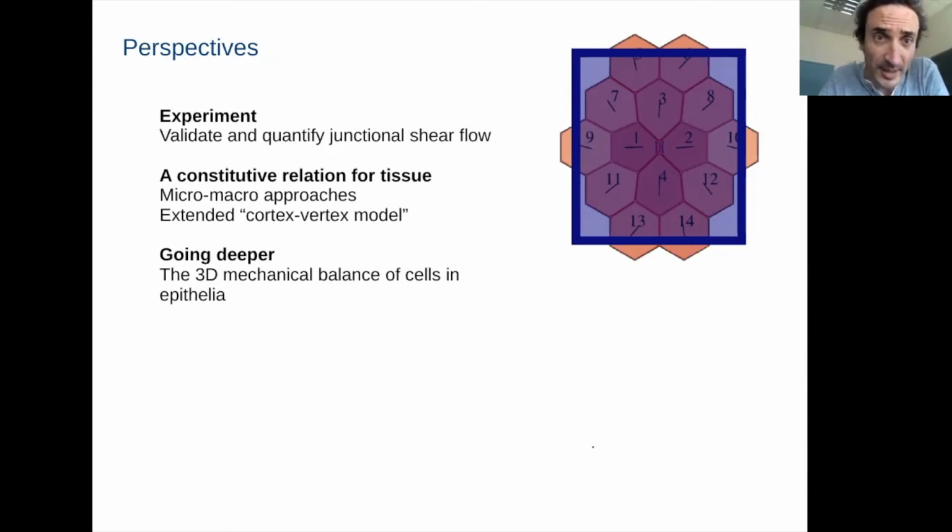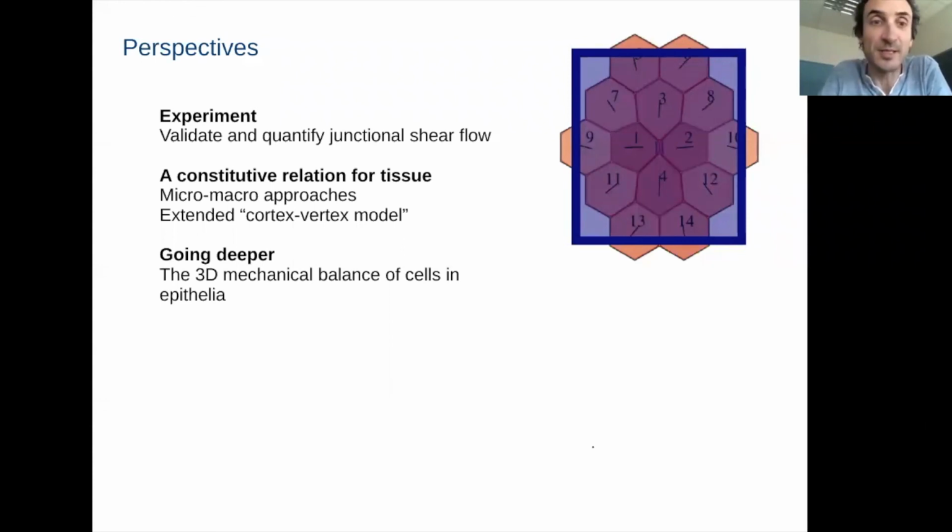So we have two ideas for that. There could be brute force micro approaches based on simulations, or we could go back to the Vertex model, and now that we know which key new degrees of freedom we need to add, really these flows across vertices and the cost of shearing between two opposed cells, obtain something which would take into account these effects in a simplified model.